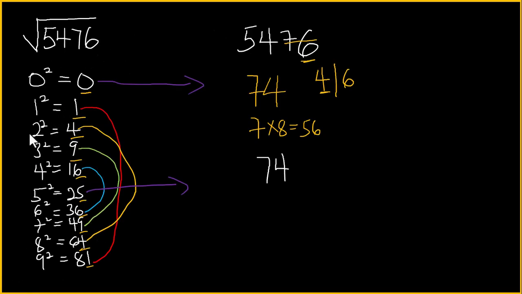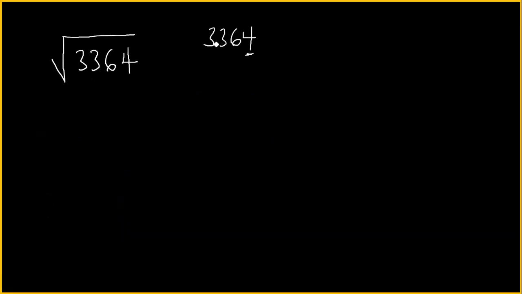So we have 4, which is 2 squared, and we have another 4, which is 8 squared. So we are getting 2 numbers which have their last digit as 4. So we have 2 and 8. So we write them somewhere here, and then cancel the last 2 digits.